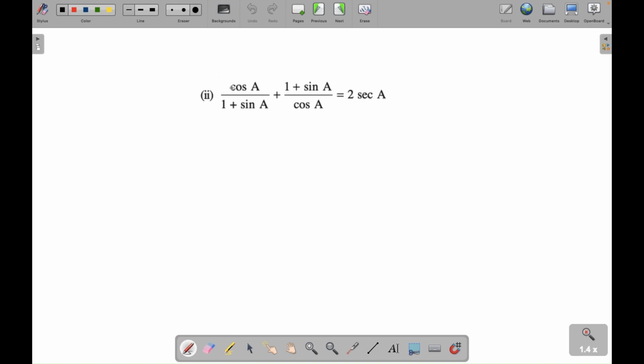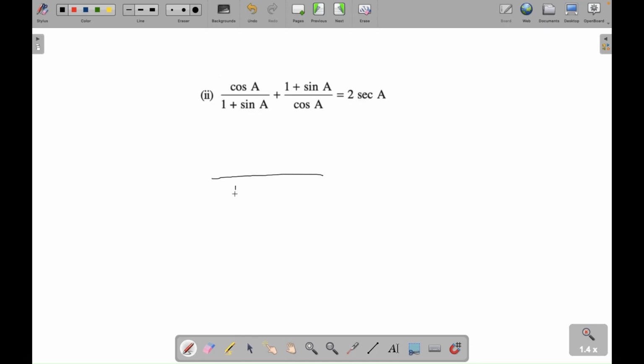Then we have this question: cos A upon 1 plus sin A plus 1 upon sin A divided by cos A is equal to 2 sec A. Everything is already given here, and it is already decomposed, so we'll take the LCM.